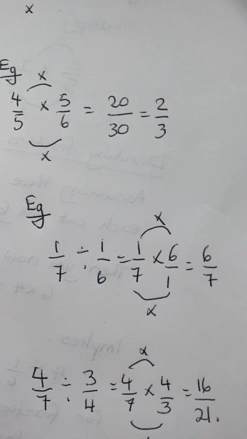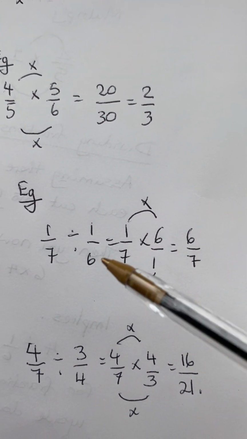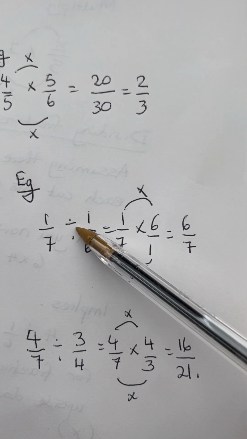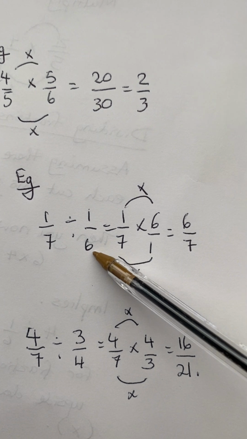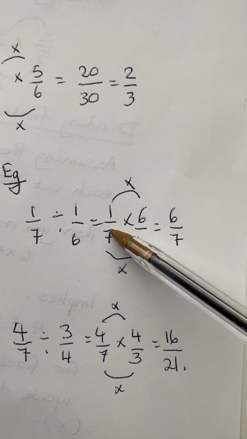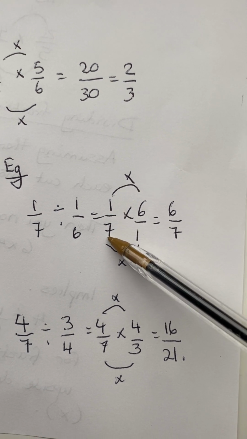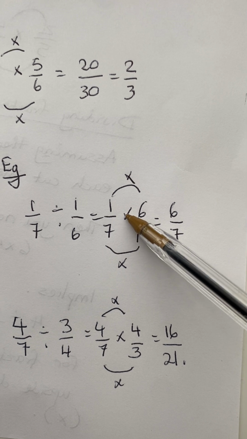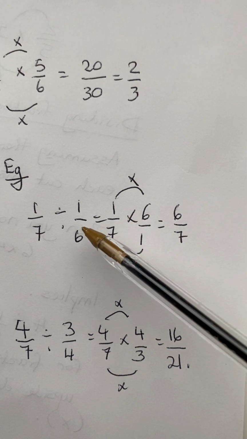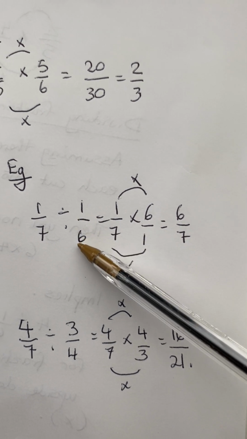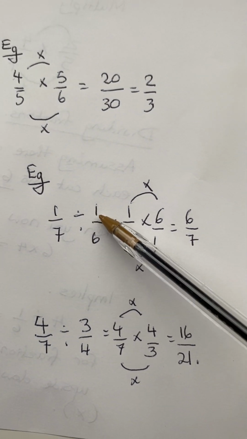Our next example on division: 1 over 7 divided by 1 over 6. So 1 over 7 will repeat itself here. Then the division becomes multiplication. Immediately we put the multiplication sign, we need to flip the second fraction.